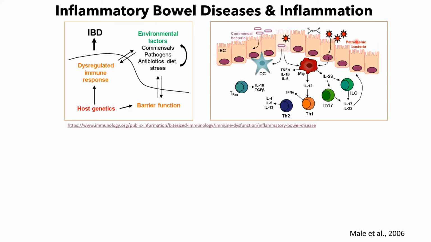And so in this example, we see from this website, immunology.org, sort of trying to show how inflammatory bowel disease may be triggered. A pathogenic bacteria may have won out in the small intestine or large intestine. They get in there and they start to damage these cells.